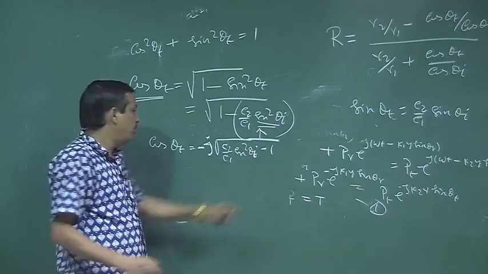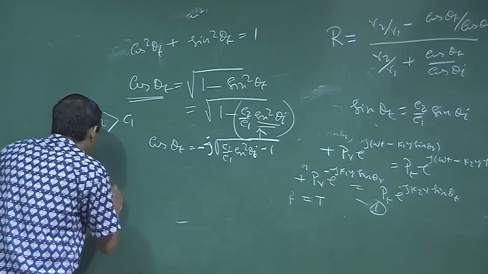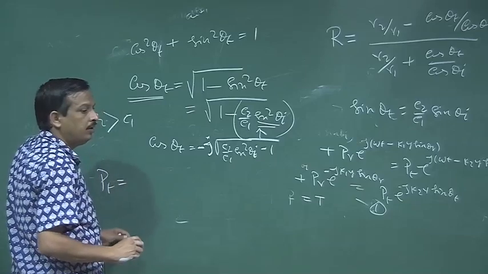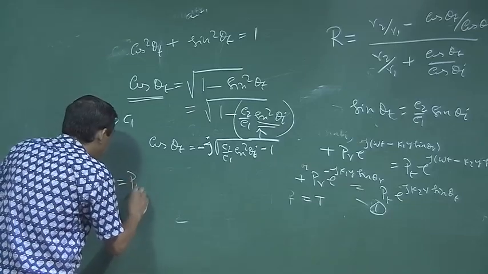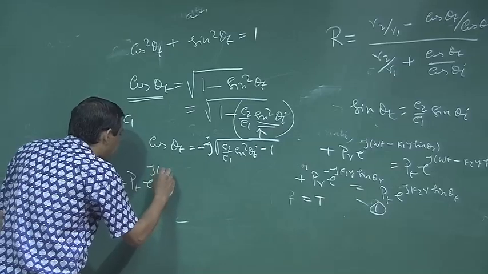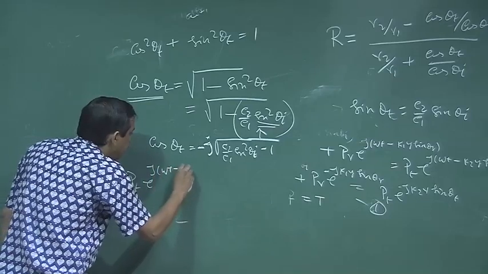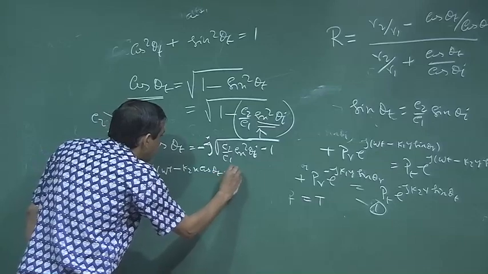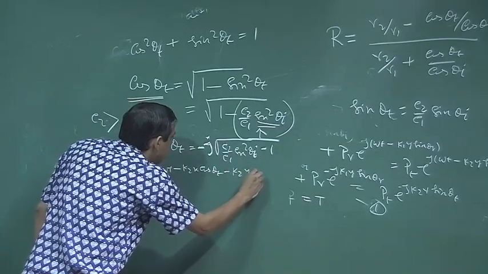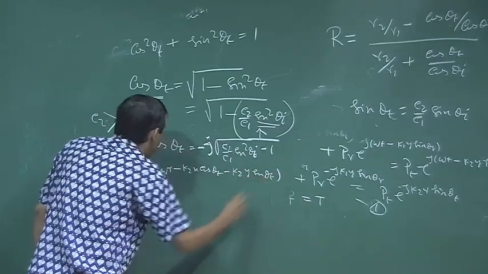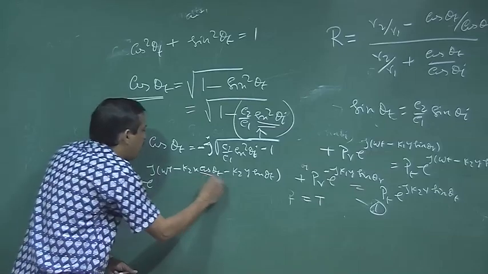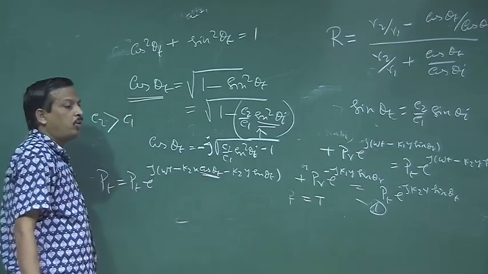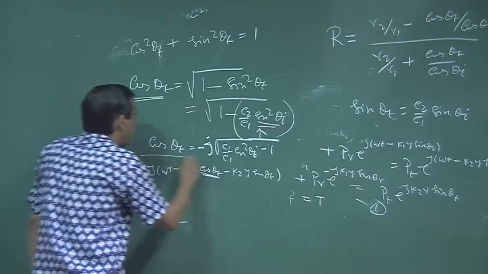Okay. Now, what is Pt? Pt is the amplitude times e to the power j omega t minus k2x cos theta t plus k2y sin theta t. That is why I calculated the cos theta t, which is nothing but this one.